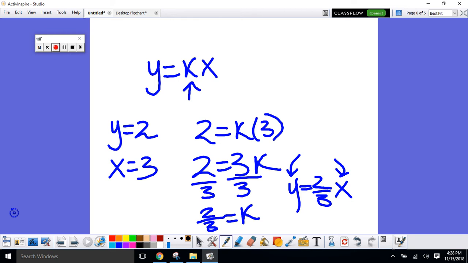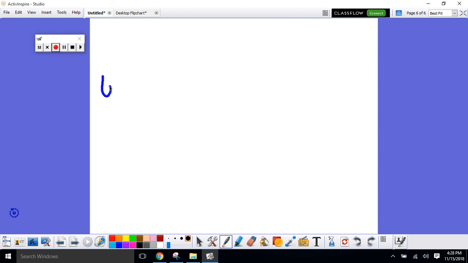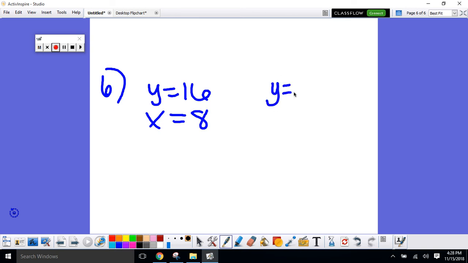Okay, there are some examples in the worksheet that you're going to do today where they give you what the y is. For example, this is number 6 on your worksheet, and it says y equals 16 when x equals 8, and they want me to find y when x equals 16. Okay.